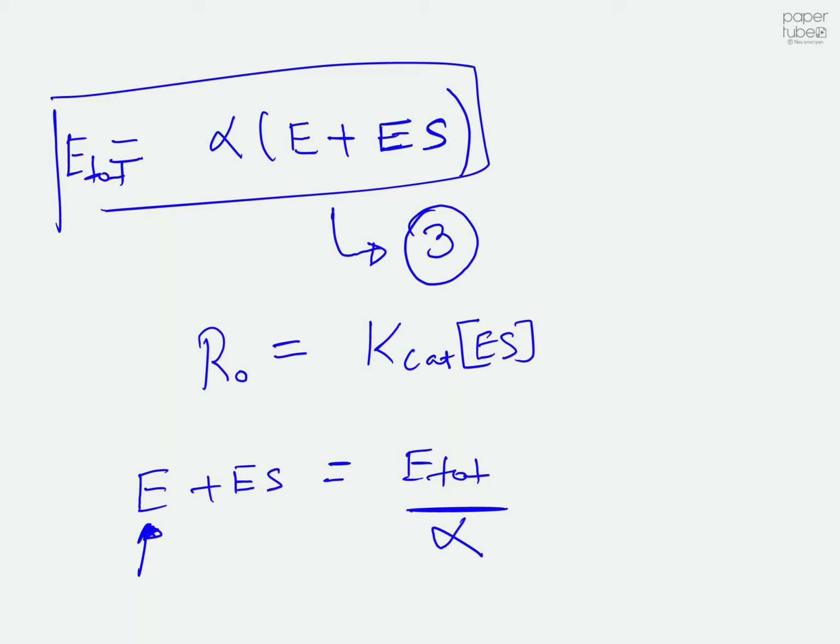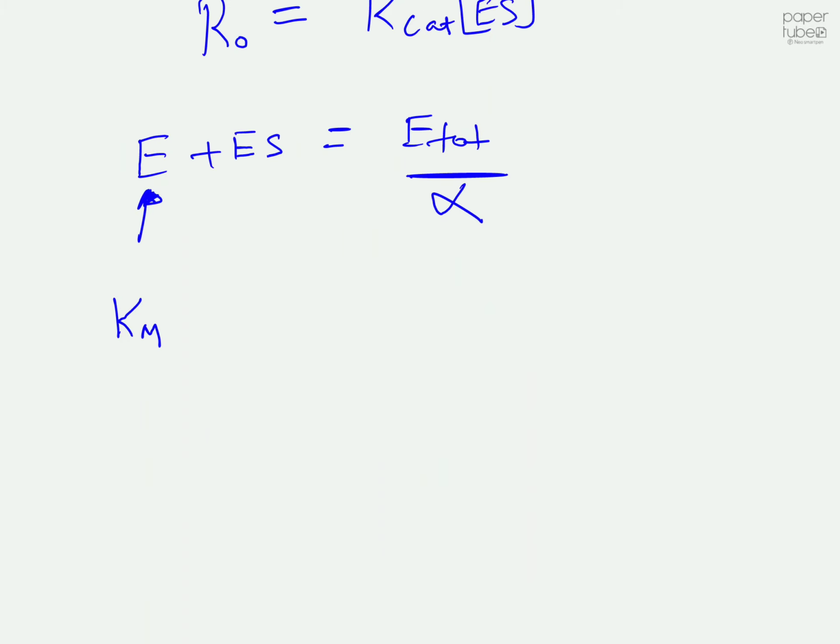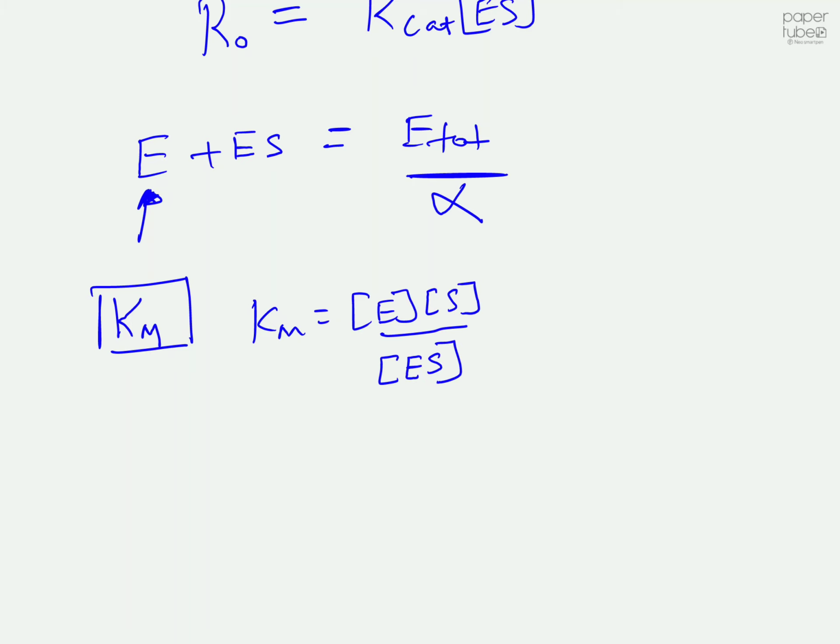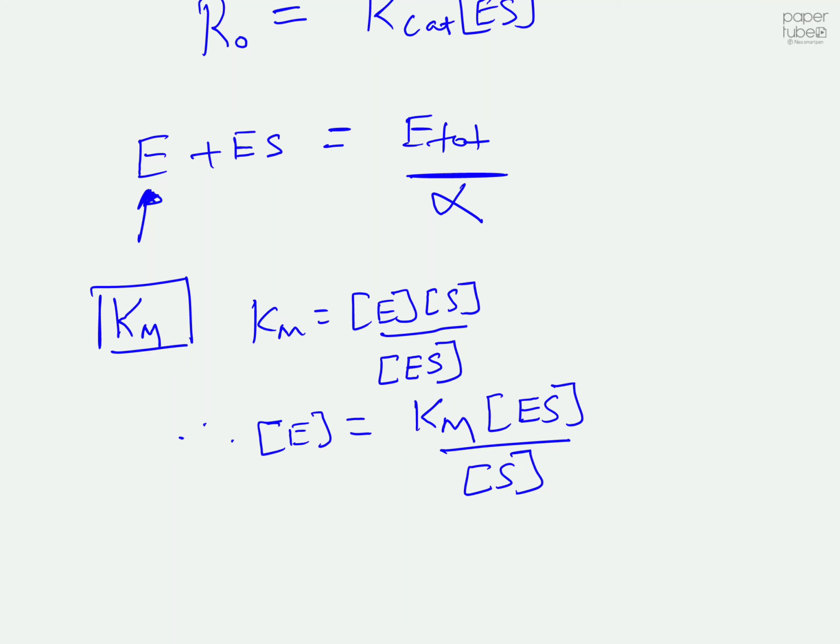We know the association constant, so we still need to use this value Km. Km is nothing but enzyme concentration multiplied by substrate concentration divided by enzyme substrate complex concentration. Therefore the concentration of E will be equal to Km multiplied by ES divided by the substrate concentration.